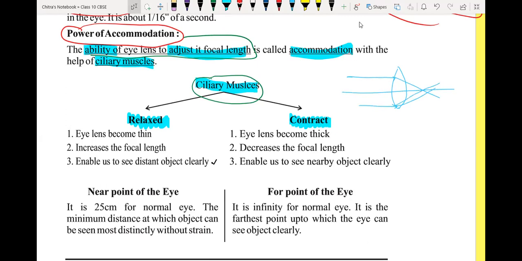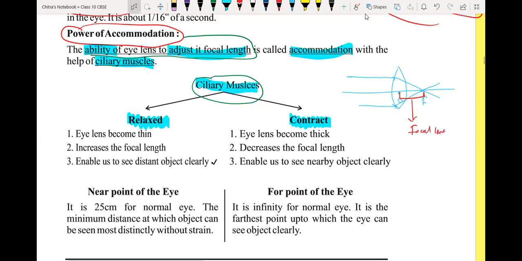This point where the two lines meet on the principal axis is called the focus. The center of the lens is called the optical center O. The distance from the optical center to the focus is called focal length.